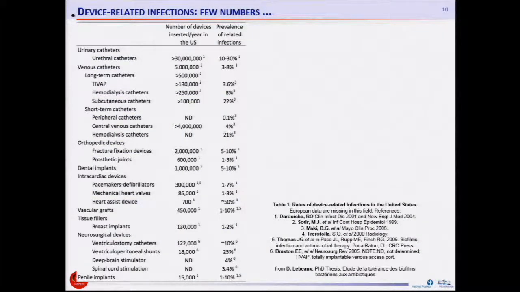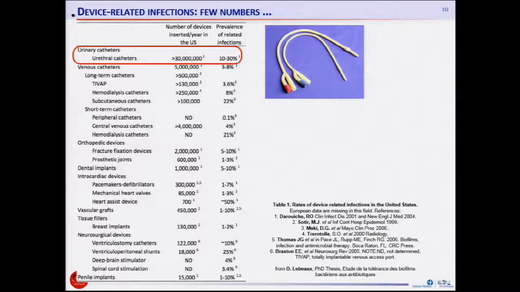Just a few numbers, for example, for device-related infections. There are huge numbers of devices that are put in, here in the US, and what you can see is that the prevalence rate of infections for some of these devices is super high, almost between 10 to 30%, for example for urinary catheters.